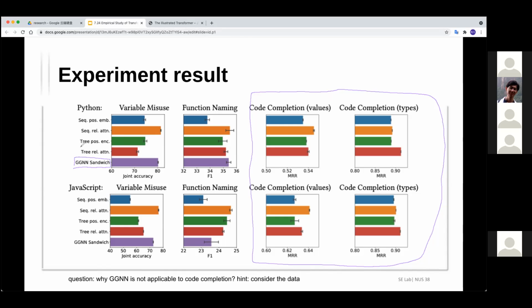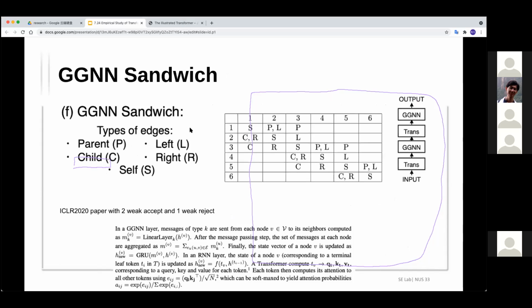So there will be no experiments on code completion. Anyone have some questions? If you just mask one, the message passing will stop.